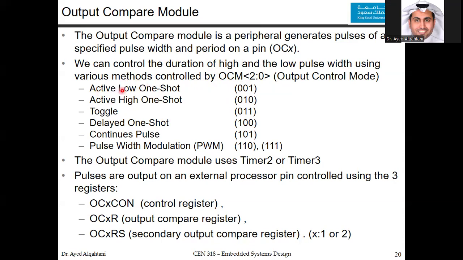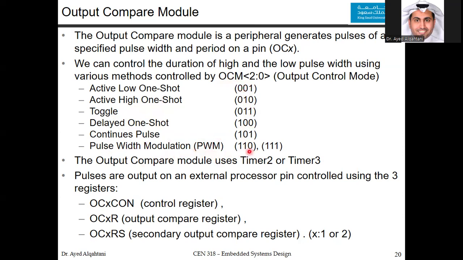One of them is the active low one-shot, the other active high one-shot, the toggle, the delayed one-shot, the continuous pulse, and the critical one, the most important one and the focus of this lecture, the pulse width modulation signal, or the PWM. As you can see, here is the code for each one of them using the OCM.